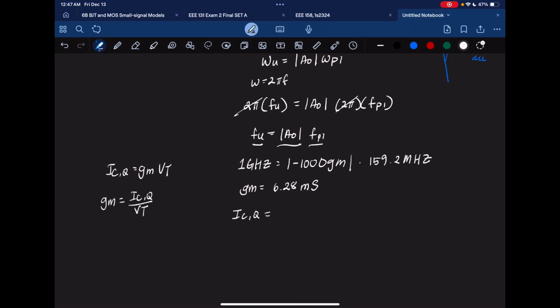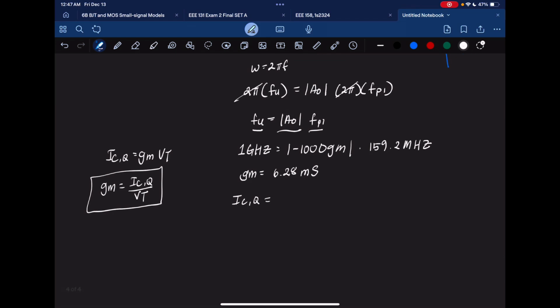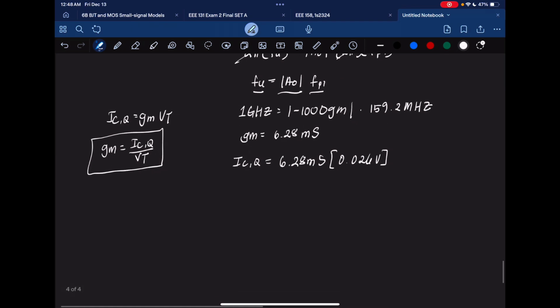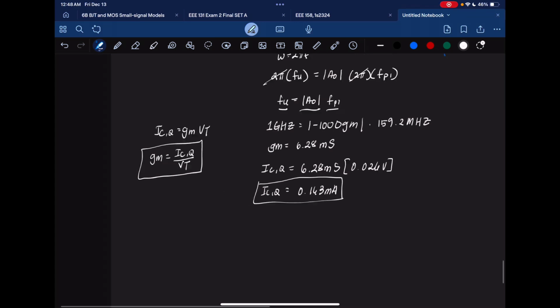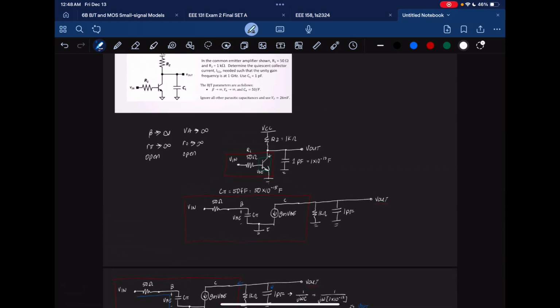You have to remember this formula, transconductance. So ICQ is GM, which is 6.28 ms, times VT, which is 0.026 volts. Then we get ICQ equals 0.163 milliamps. The explanation was a bit long, but that's my thought process.